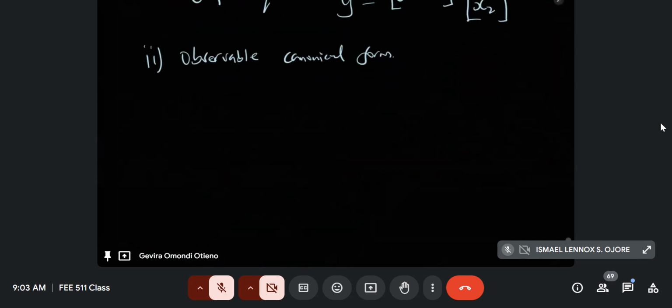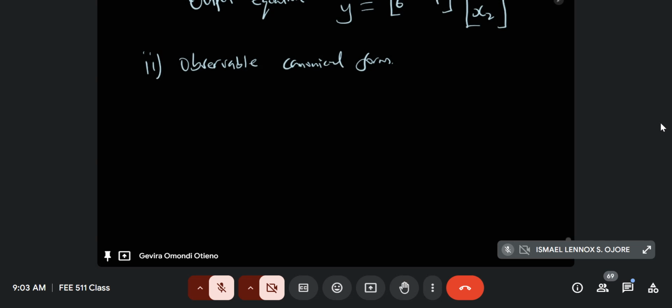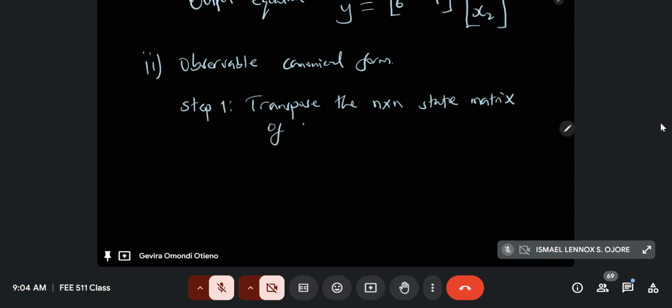So what are the steps for obtaining the observable canonical form? Step 1, you have to transpose the n by n state matrix of the state equation.